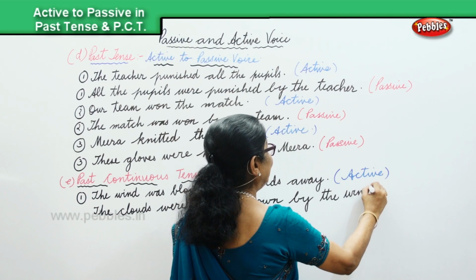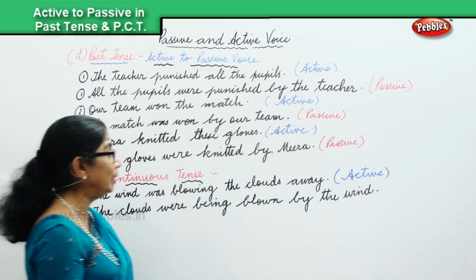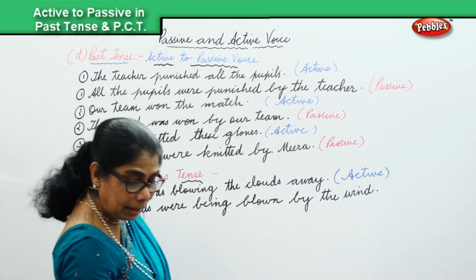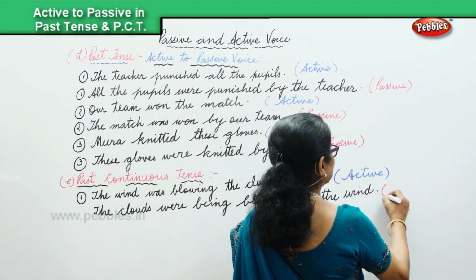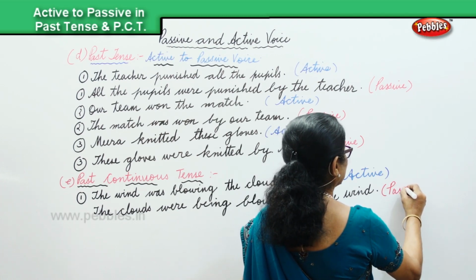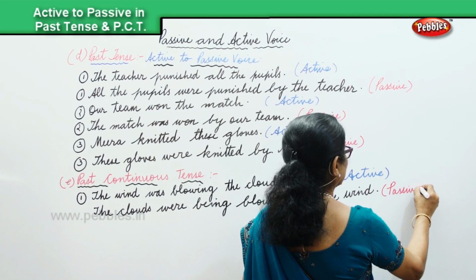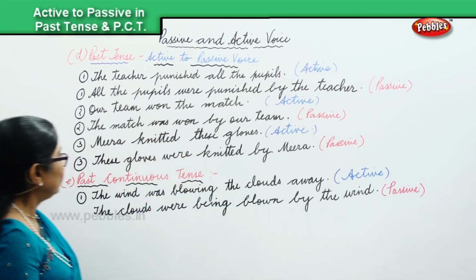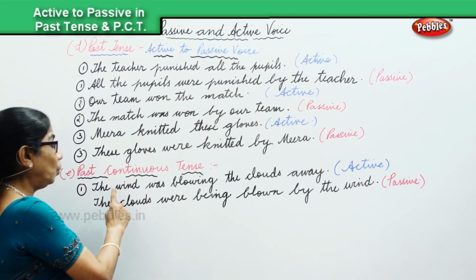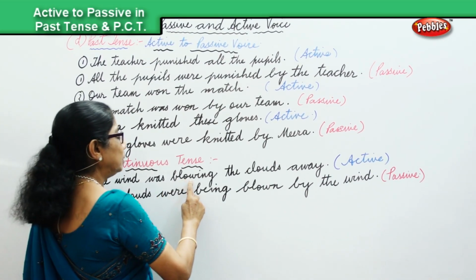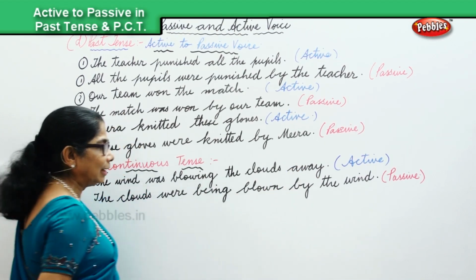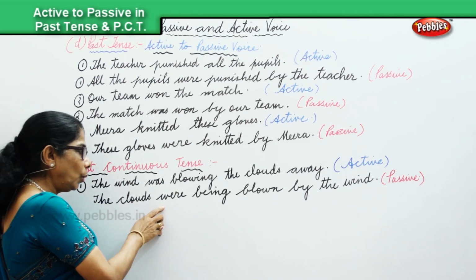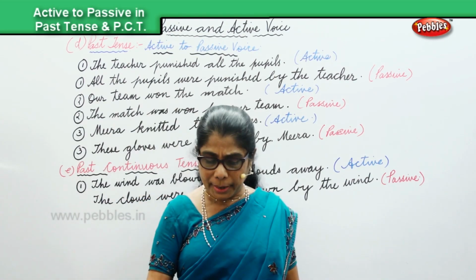The clouds were being blown by the wind, and that is in the past continuous tense, and that is the passive voice. So in the past continuous we have, the wind was blowing the clouds away, that active changing into the clouds were being blown by the wind.